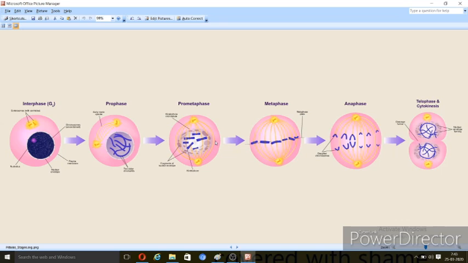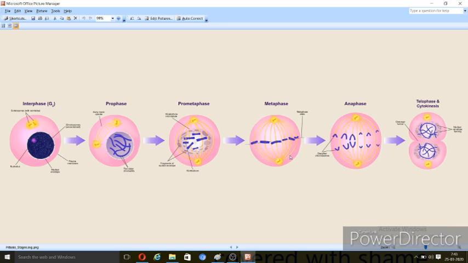Now if we go to the metaphase, what happens? In metaphase, all the chromosomes will be aligned in an equatorial position. See, they were aligned in this equatorial position, and the spindle fibers are still attached on the centromere.